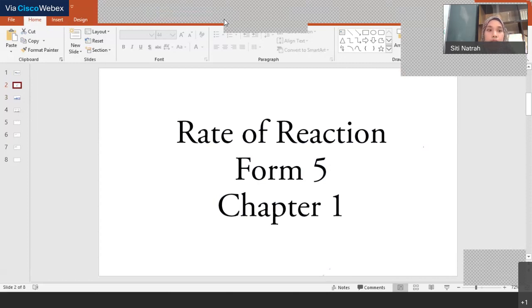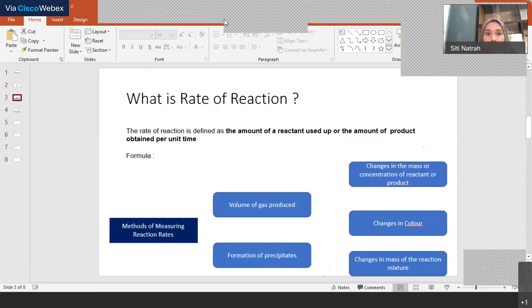Okay, dalam topik rate of reaction ni, cikgu nak tanya, kita kena tahu apa tu rate of reaction. What is rate of reaction?